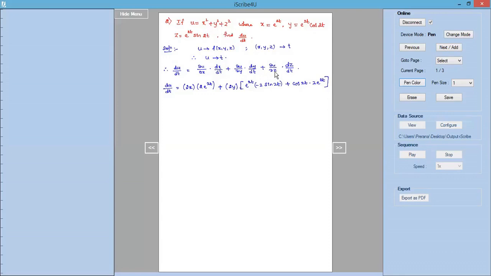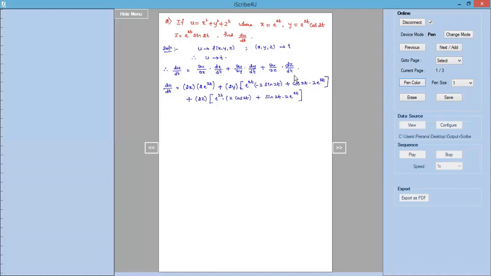So dou u by dou z gives us 2z multiplied by dz by dt. dz by dt means we have to differentiate z with respect to t. So right hand side we have a product e power 2t into sin 2t. So product rule is applicable here while finding dz by dt. So first I will keep e power 2t as it is into differentiation of sin 2t is 2 into cos 2t plus sin 2t as it is. Differentiation of e power 2t is 2 e power 2t.